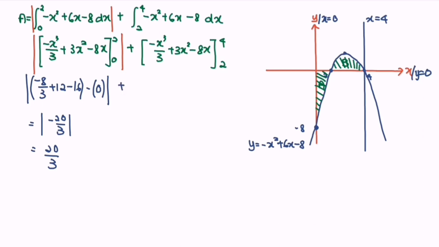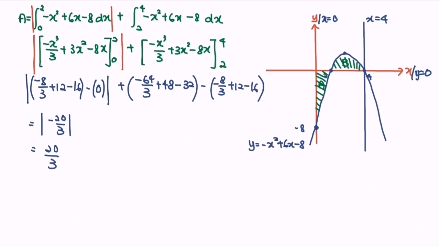Plus, if we substitute the value 4, we will obtain negative 64 over 3 plus 48 minus 32, minus, if we substitute 2, we will have negative 8 over 3 plus 12 minus 16.